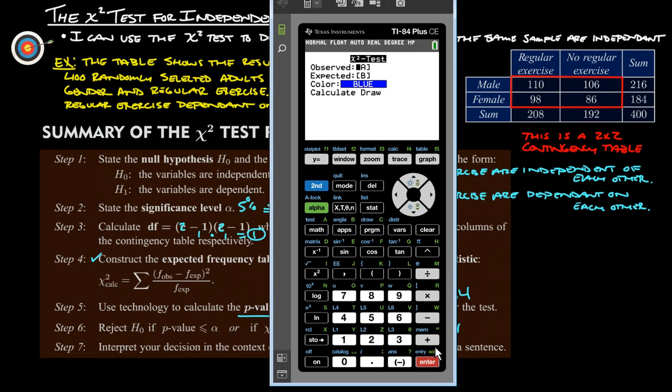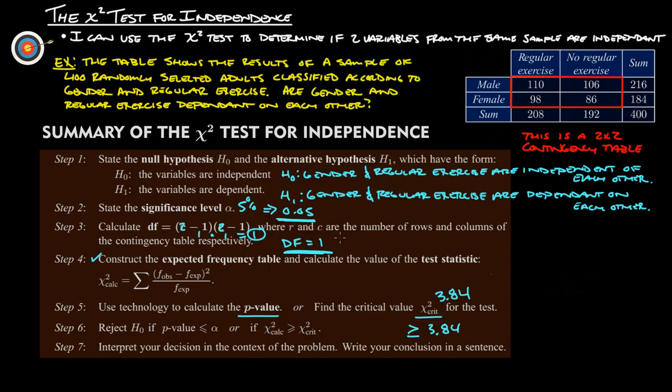Okay, so we push enter, and our observed data is what we put in A. It's actually going to calculate our expected value here in B for us. I'll show you that here in a second. But we go through and we push calculate, and it gives us our chi-squared value is 0.217.